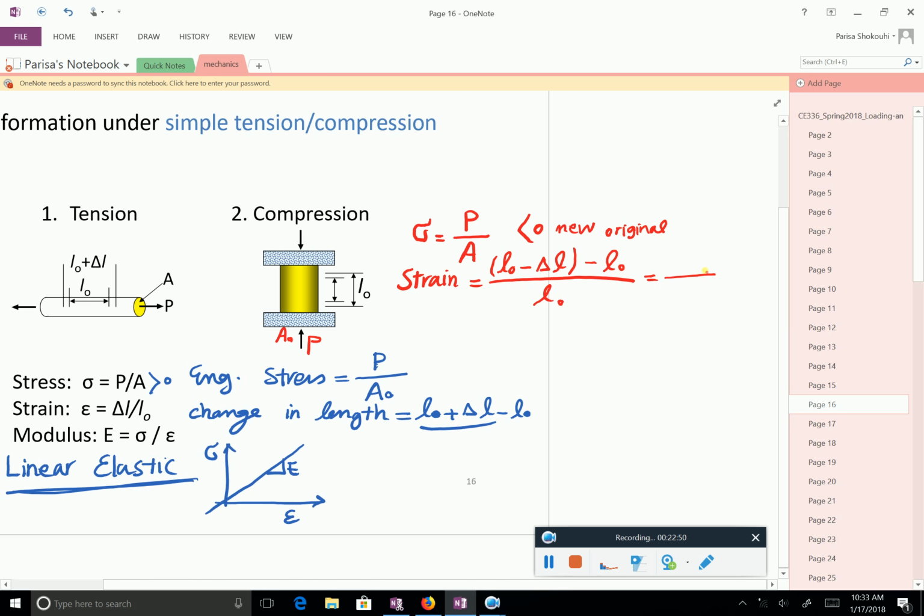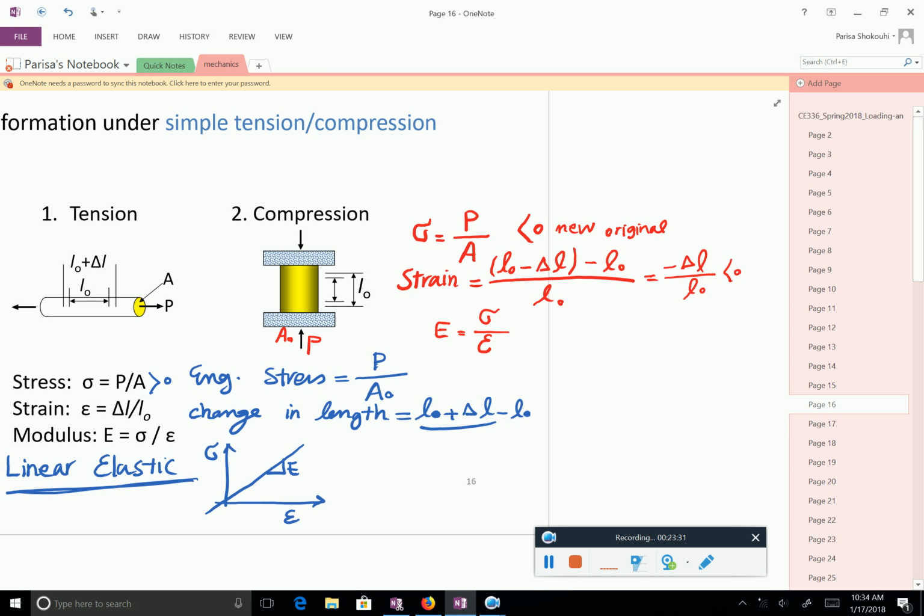And simple simplification gives you this. And when the stress we use negative, the strain also becomes negative, so smaller. And when you plot the stress-strain in this relationship, if you have linear elastic material, the modulus will be still a stress over a strain. But I leave it there because we are going to talk about material properties in a lot more detail.